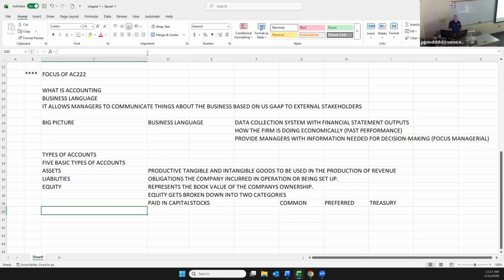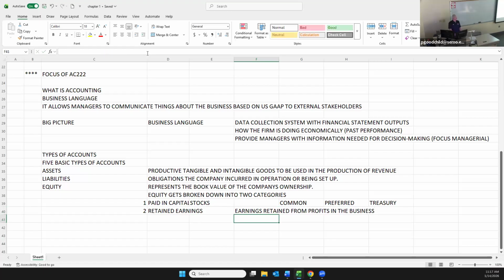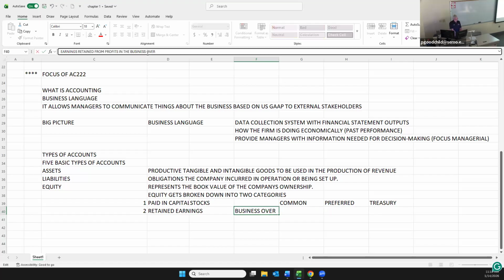And then the second part is retained earnings. And these are earnings retained from profits in the business over the life of the business.